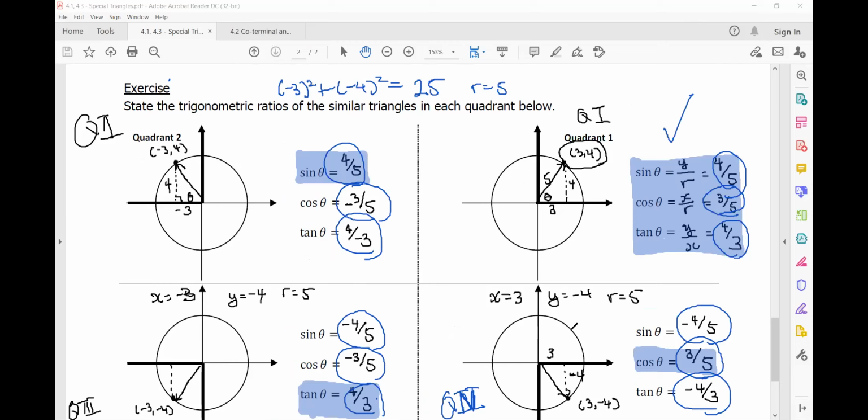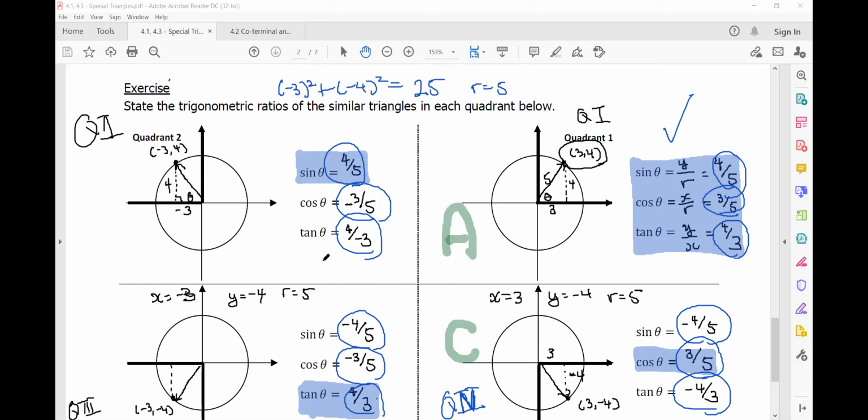Starting from the fourth quadrant, the only ratio that is positive is cosine. In the first quadrant, the only ratios that are positive are, well, all of them: A for all.